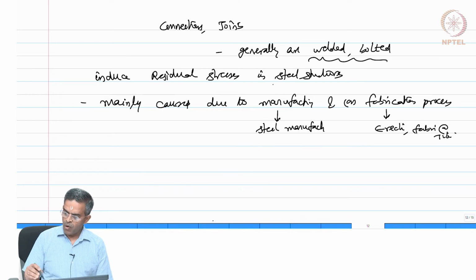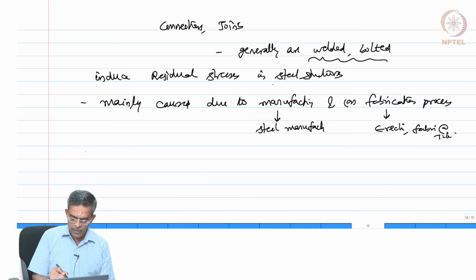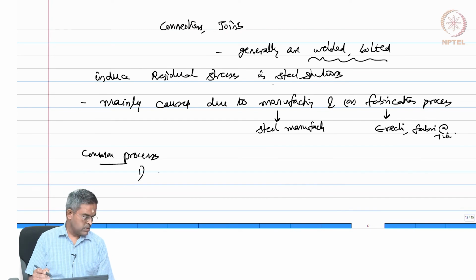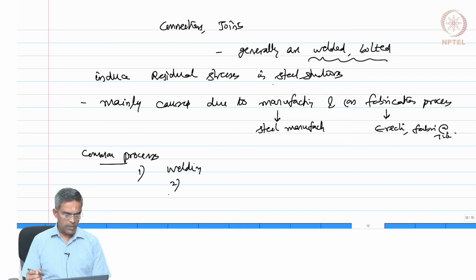So, what are those common processes which influence the strength, residual stresses? The common processes are: 1. Welding, which is of course the most common process. 2. Something called flame cutting.